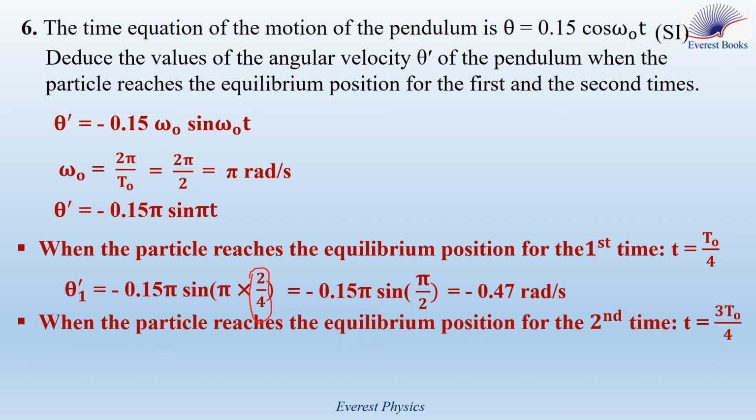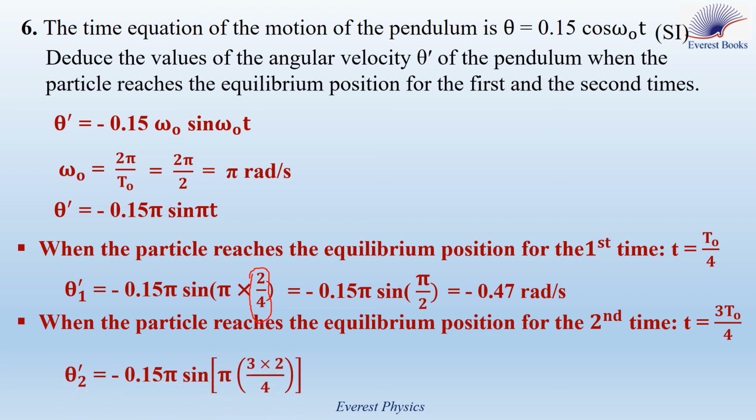Now, when the particle reaches the equilibrium position for the second time, it needs a time T0 over 2 in addition to the first time. So after a time 3T0 over 4, it passes through the equilibrium position for the second time. Now substitute t by 3T0 over 4.